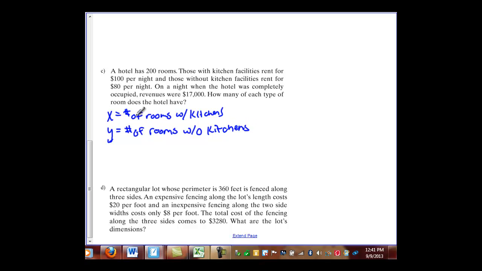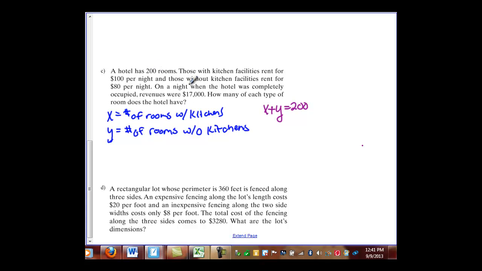All right, so number of rooms with kitchens and number of rooms without kitchens. So my first easy equation is going to be what? Yeah, x plus y is 200. So the number of rooms with kitchens plus the number of rooms without kitchens is 200 rooms.